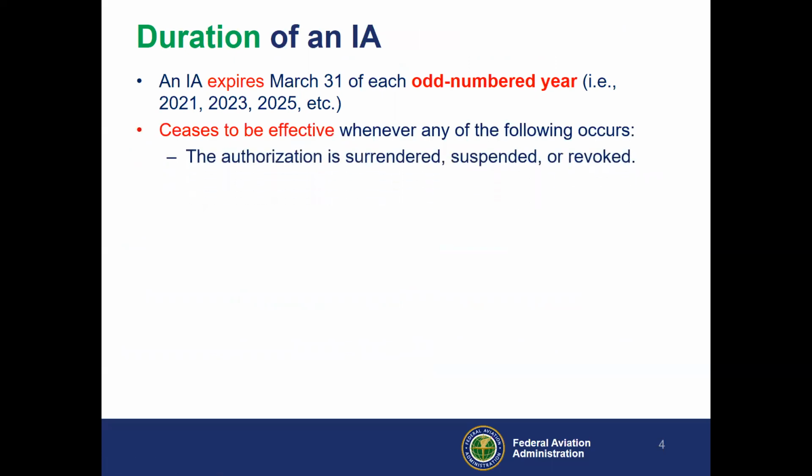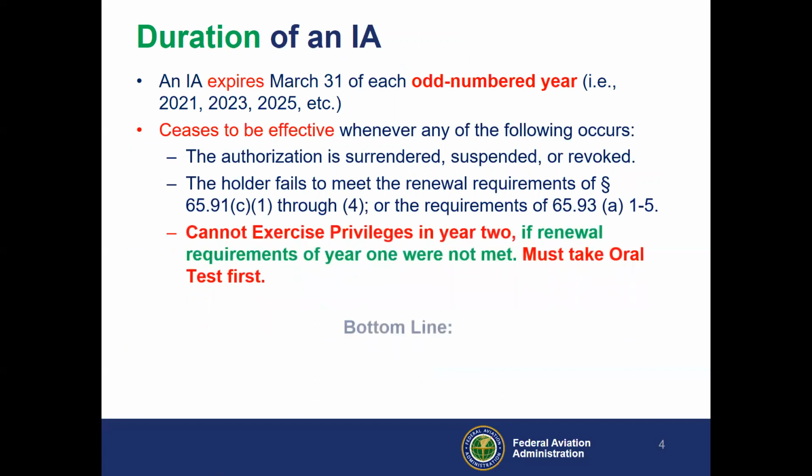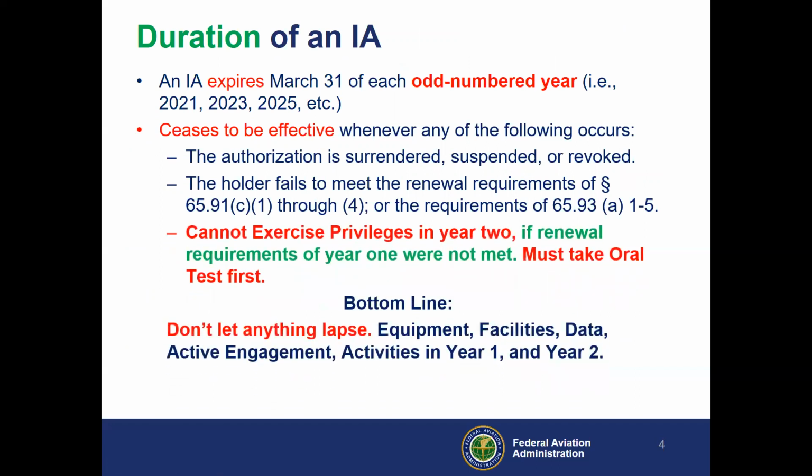The duration of an IA: an IA expires on March 31st of each odd numbered year, for example 2021, 23, 25, and so on. It also ceases to be effective whenever any of the following occurs: if your authorization is surrendered, suspended, or revoked, or if the holder fails to meet the renewal requirements of the regulations. You cannot exercise privileges in year 2 if the renewal requirements of year 1 were not met.